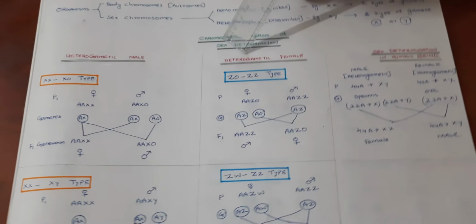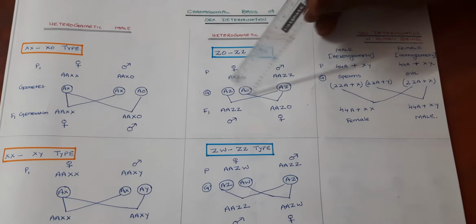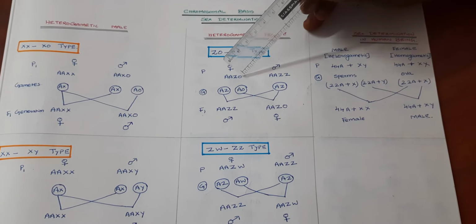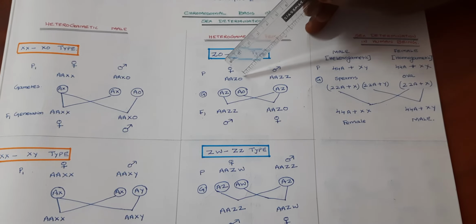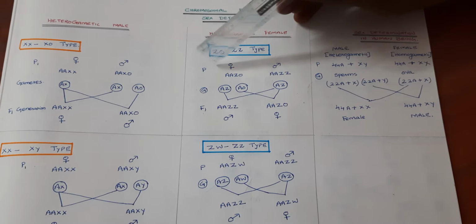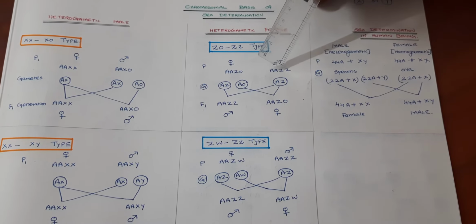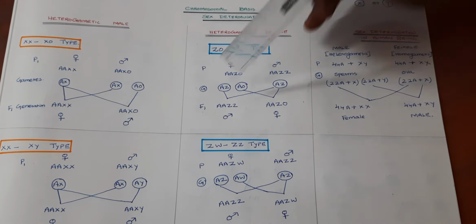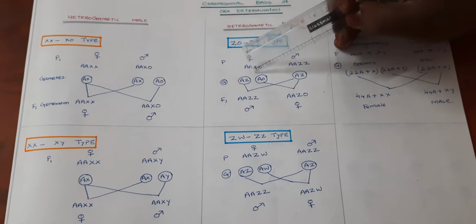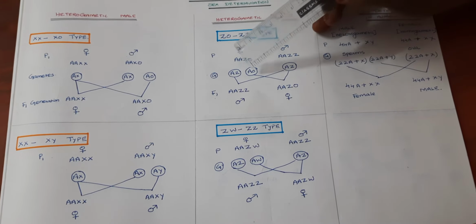Now, heterogametic female. Here the female has two different types of sex chromosomes, Z and O. Z is one sex chromosome, O is another. Now you see the parent female AAZO, male AAZZ. As in the previous case, the heteromorphic produces two types of gametes, AZ and AO.